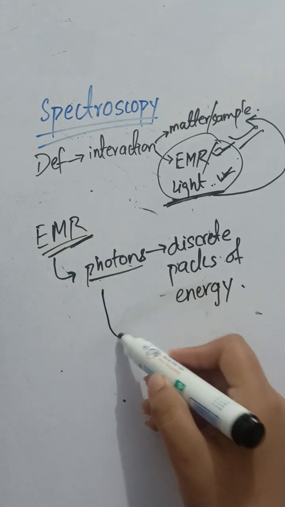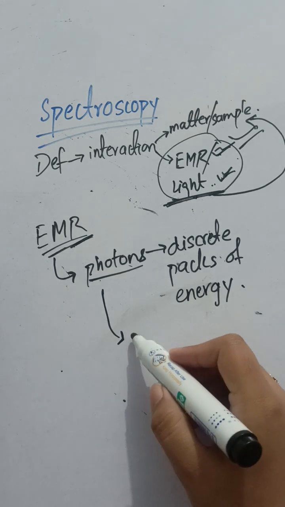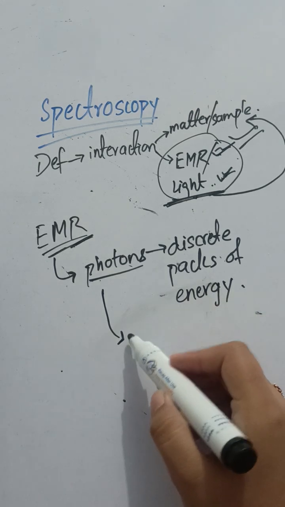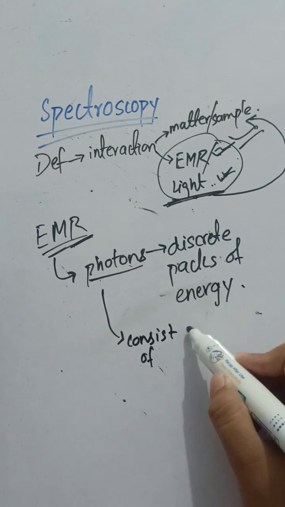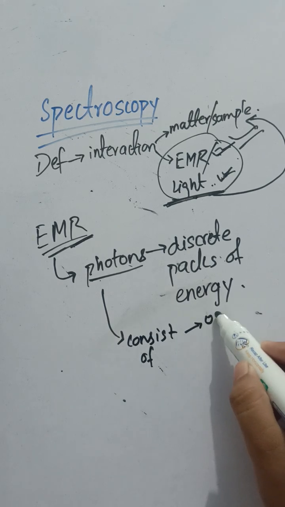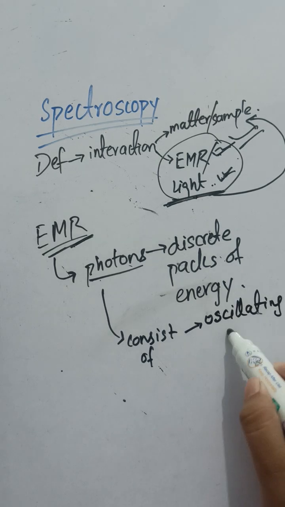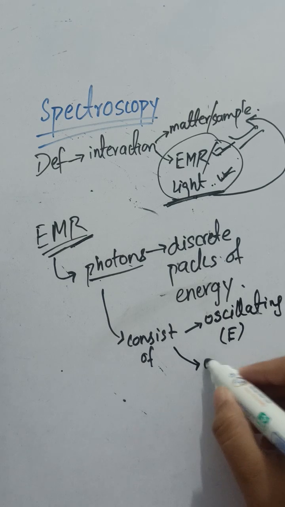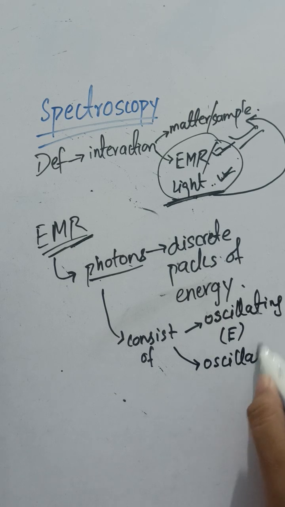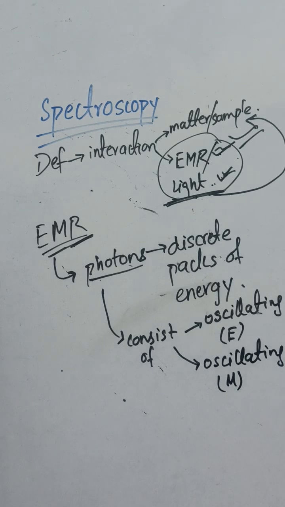Okay, another way to define a photon is that it is energy, and it consists of two things. First, it consists of an oscillating electric field, which is abbreviated as E, and second, an oscillating magnetic field, which is abbreviated as M. So now your photon has two oscillating things.